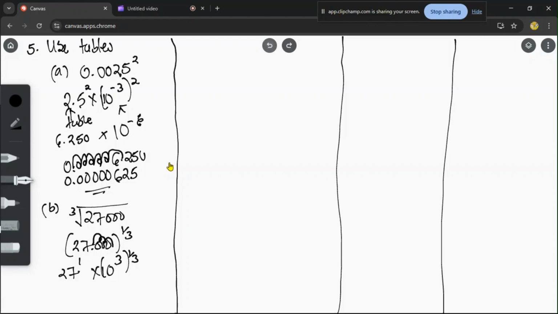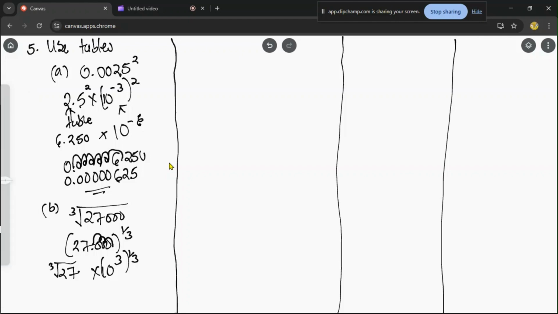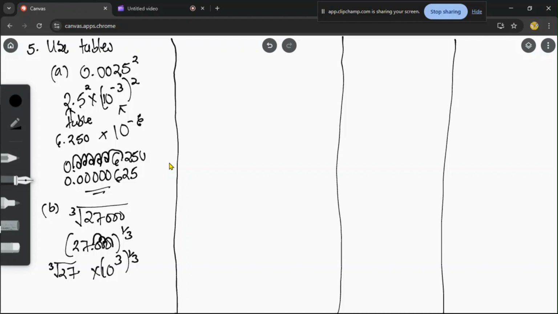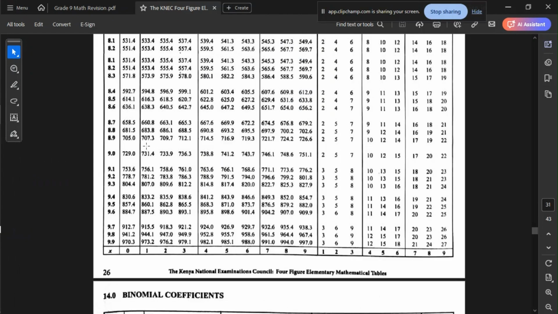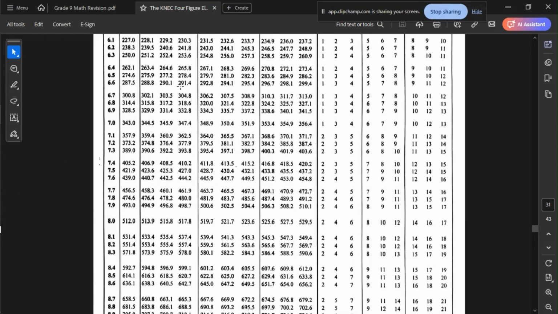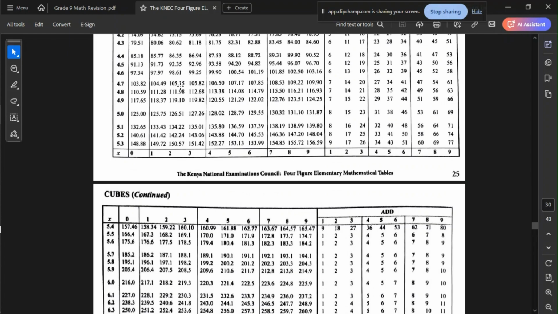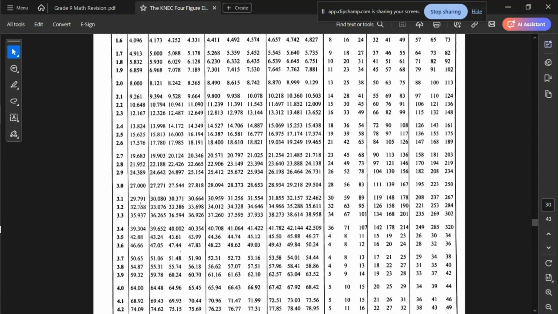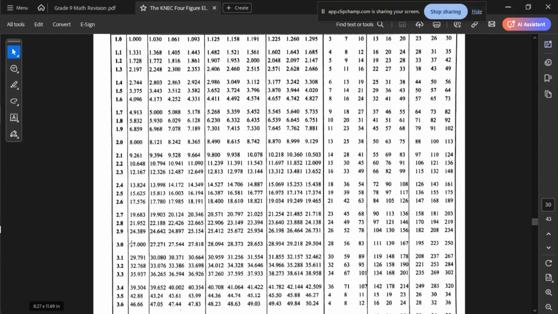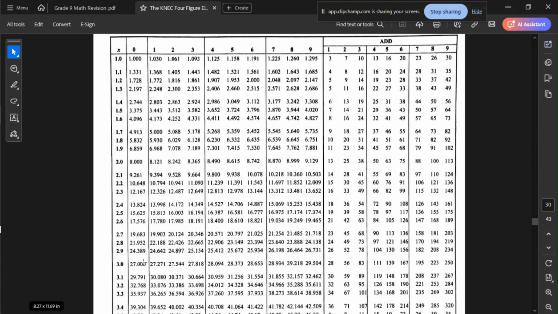Or I can write it like this, the cube root of that. So again, the same way, I'll come here and get from the table. Let me see whether I can read 27 from the table. Let me look for 27 around here. It must be 27 exactly. It is somewhere here, so 27 is here.